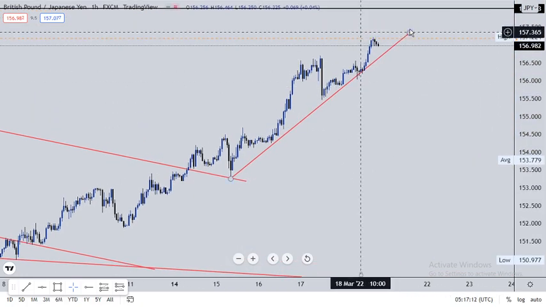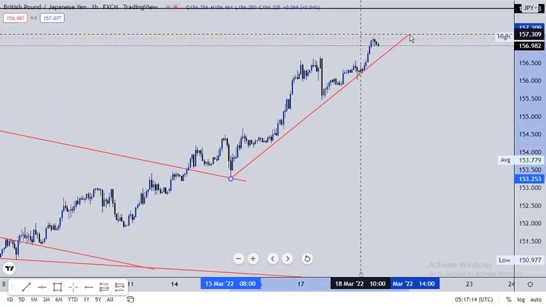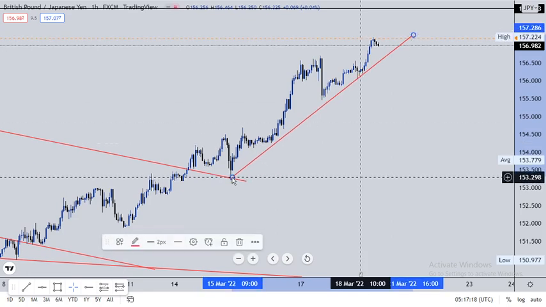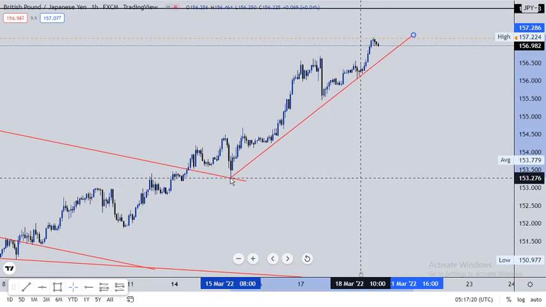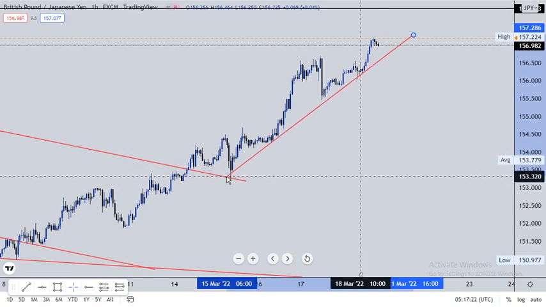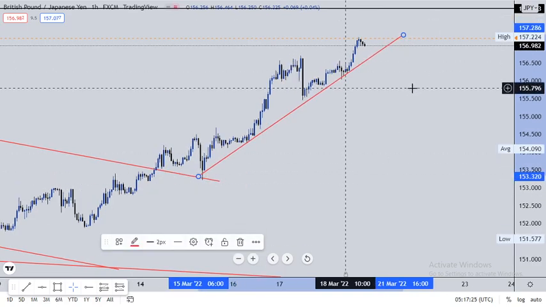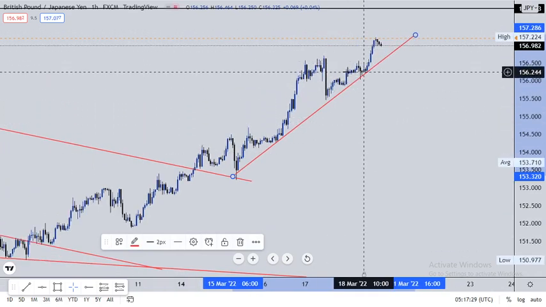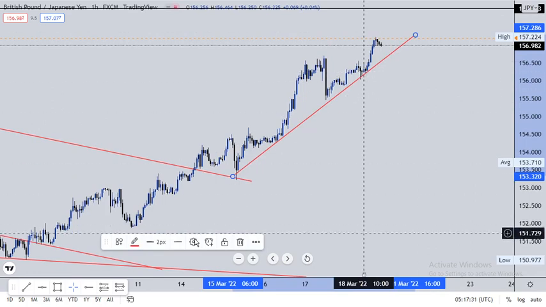Okay, now since I can identify it on the 1-hour time frame, do you see why we use trend lines to identify the longer time frame?